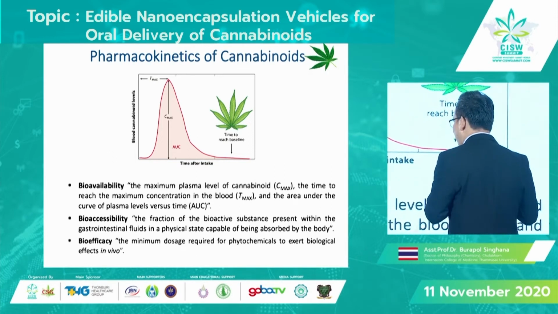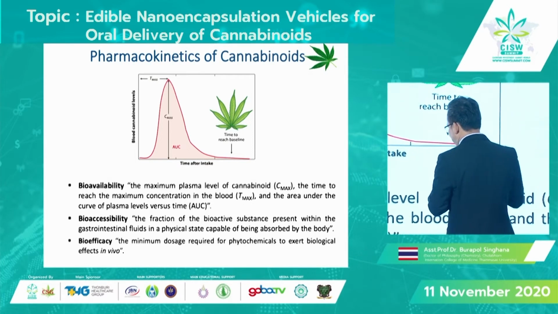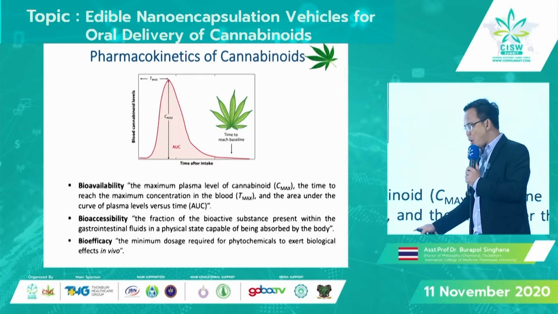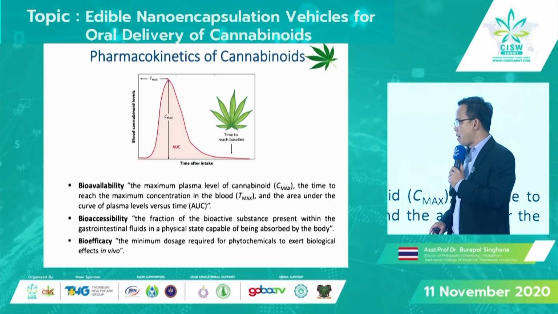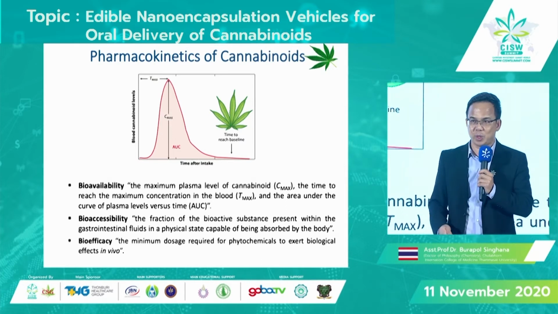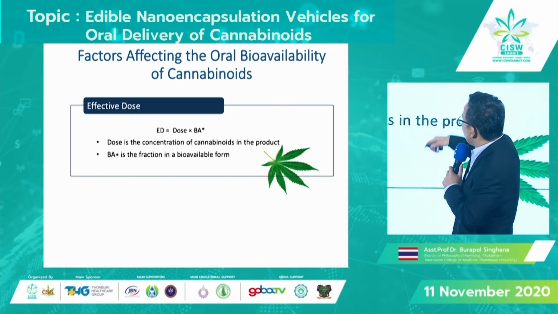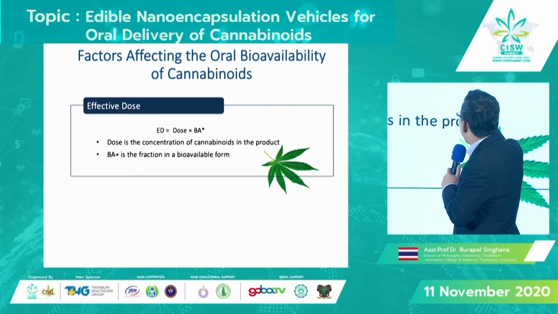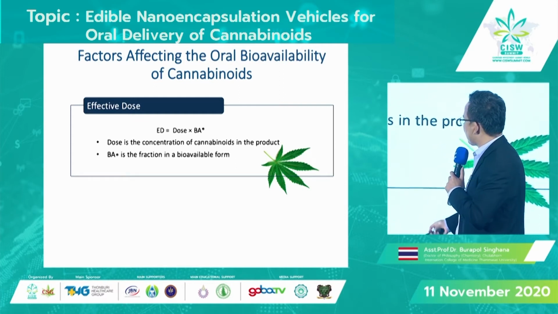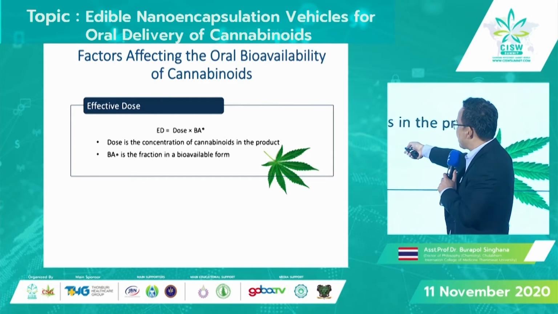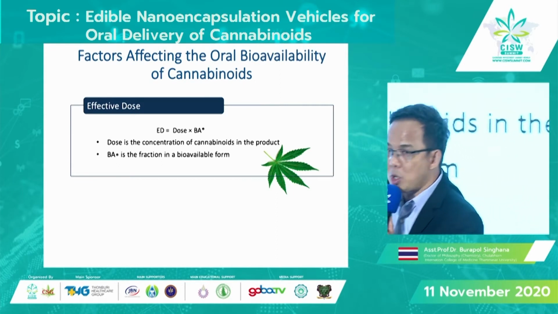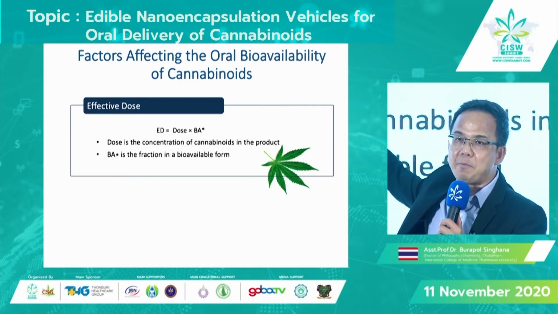And the last one, bioefficacy, is the minimum dose required for phytochemicals or cannabinoids to exert bioeffect in vivo. So, factors affecting the overall bioavailability of cannabinoids. You can calculate effective dose, that means dose times bioavailability.